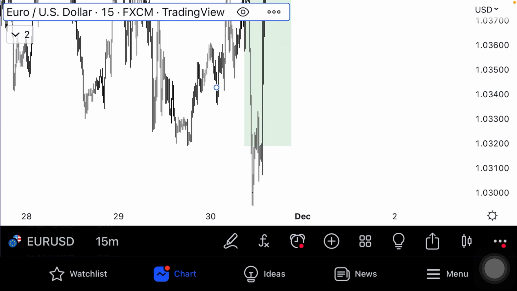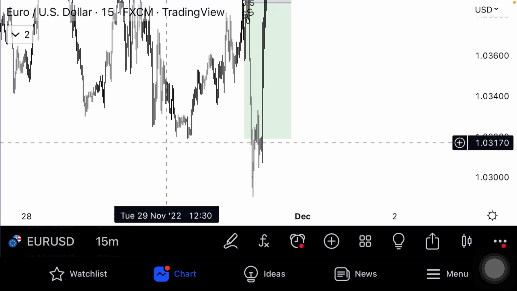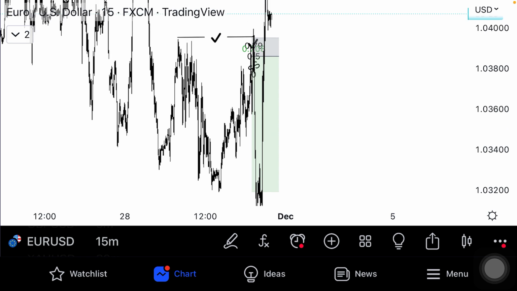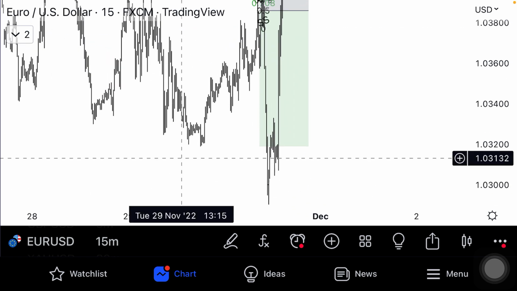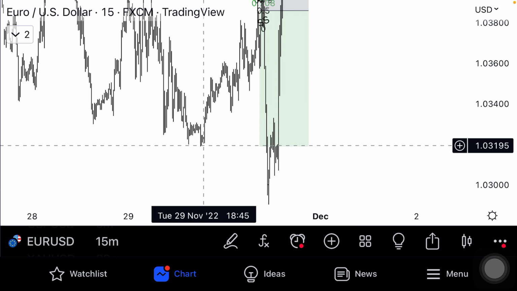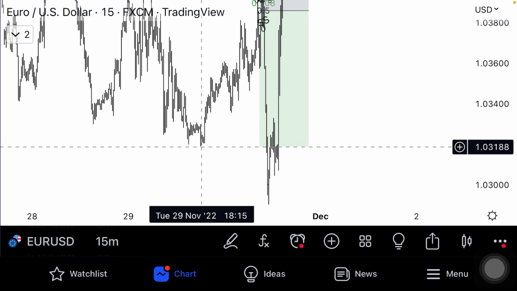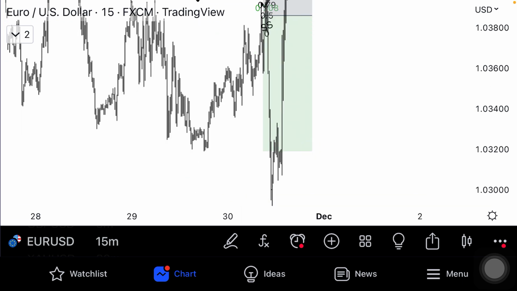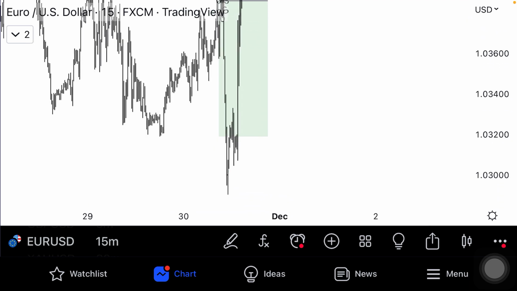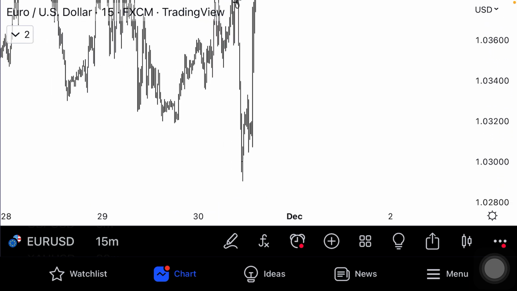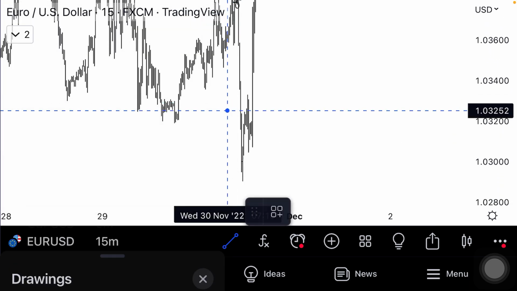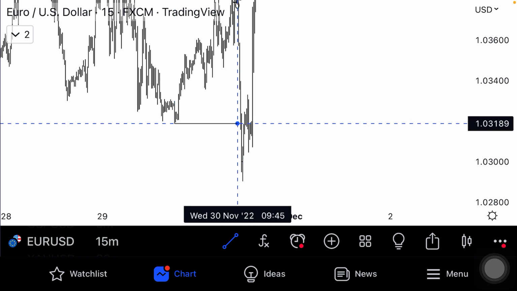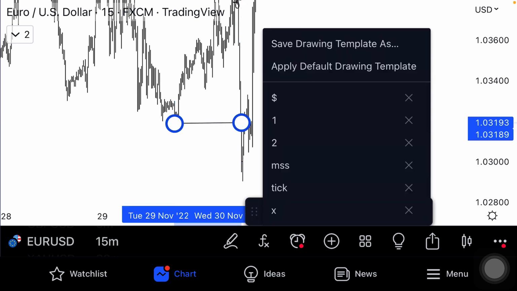In this case, this was the sell side liquidity, because this was the last low that the last day made, the previous day low. Okay, so this is why I target this. So after the sweep of the previous day low over here, let me mark this too.